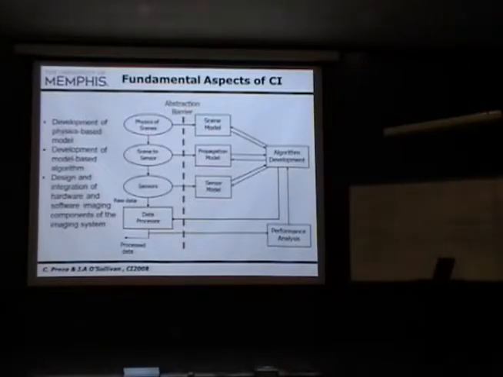And then the development of model-based algorithms or methods that we can then design in a way that's meaningful with our sensor. The hardware and the software need to integrate well in order to have a complete imaging system. Okay?